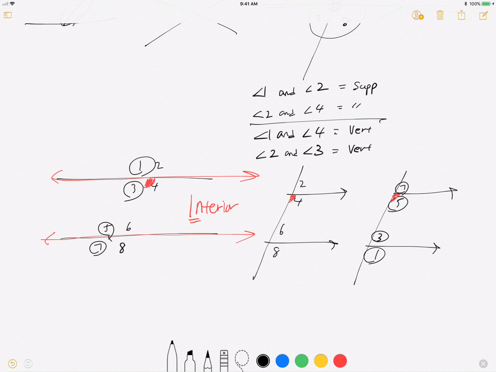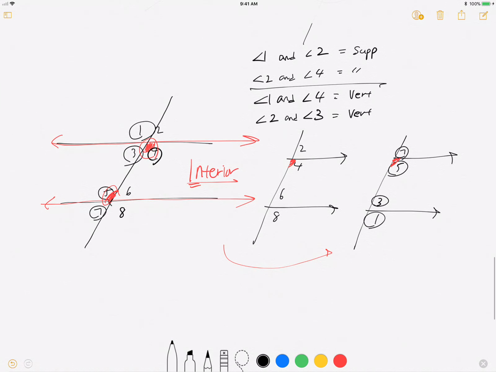Okay, so this 4 has to be the same as 5 because I showed you how it translates when you take the half and rotate it around. This word interior came from the fact that it's inside of it, and the word alternate is because it's alternating. It was on this side, now it's on this side. It switched positions, right?